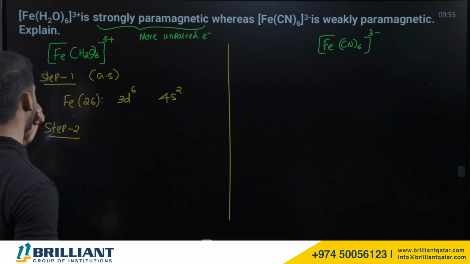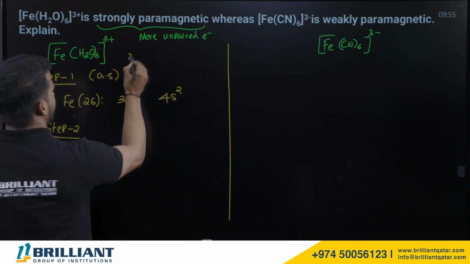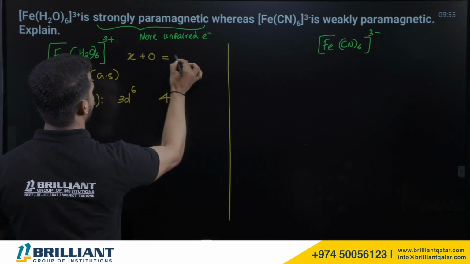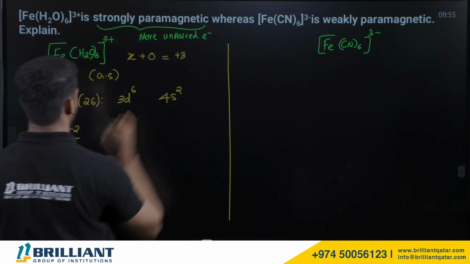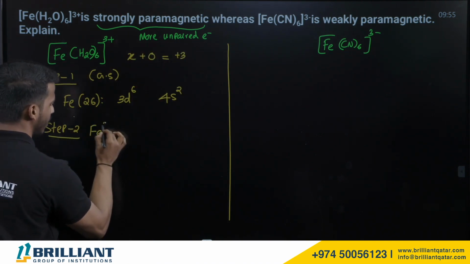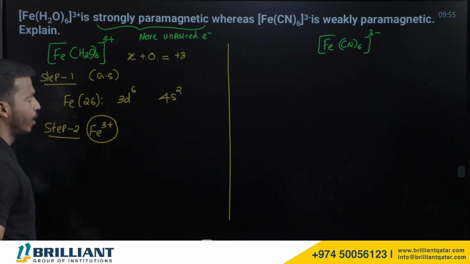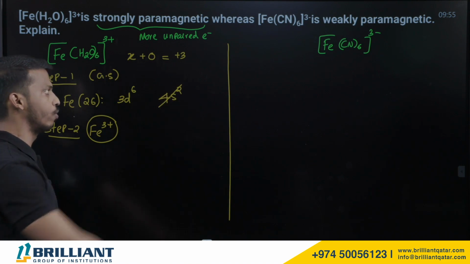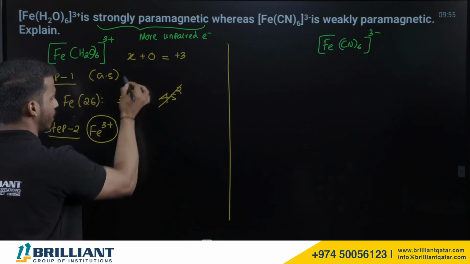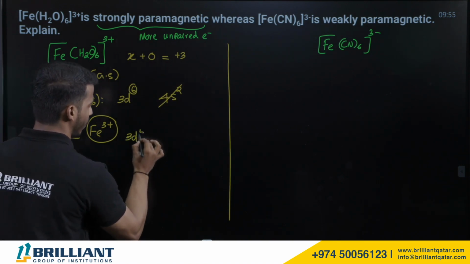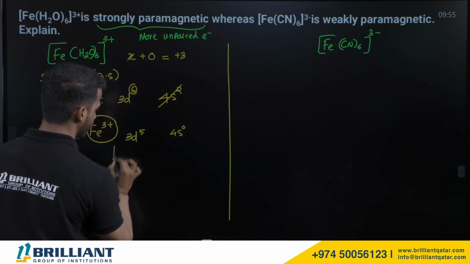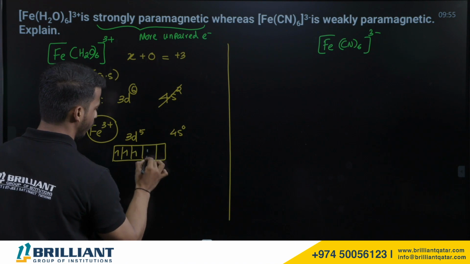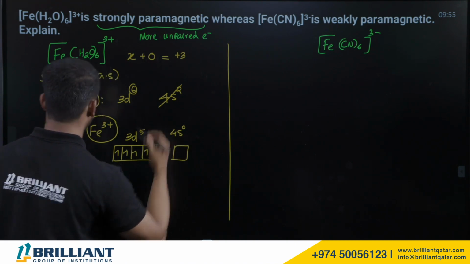Water is a neutral ligand and the overall charge of the complex is +3, so X is equal to +3. Iron is in the 3 plus oxidation state, which means you have to remove 3 electrons. Two electrons I remove from 4s, and 1 electron from 3d. So the remaining is 3d5 and 4s0. Let me fill the 5 electrons, 1, 2, 3, 4, 5, and 4s is vacant.